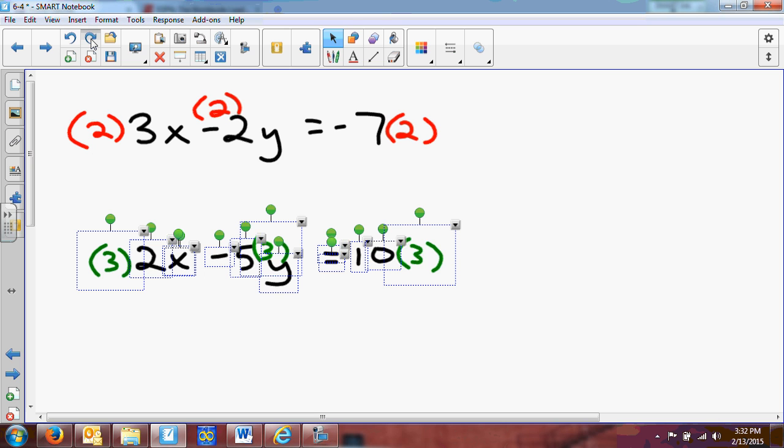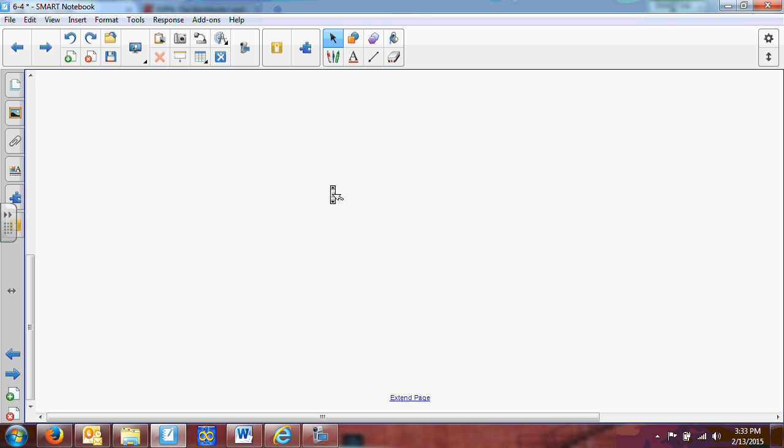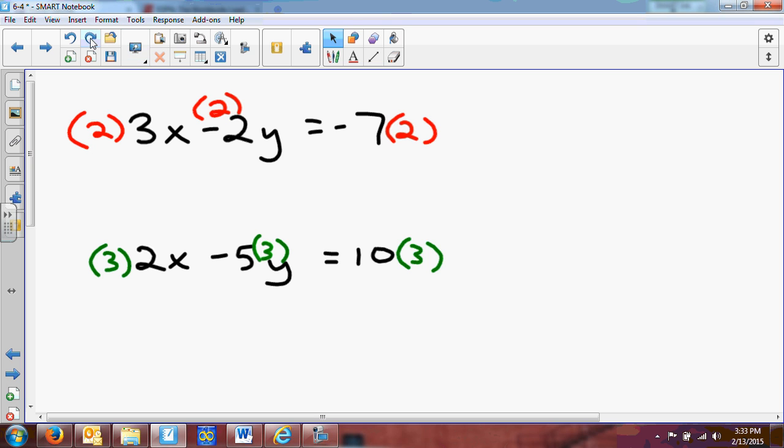6x minus 4y equals what would be negative 14. And then on the bottom one, 6x minus 15y.